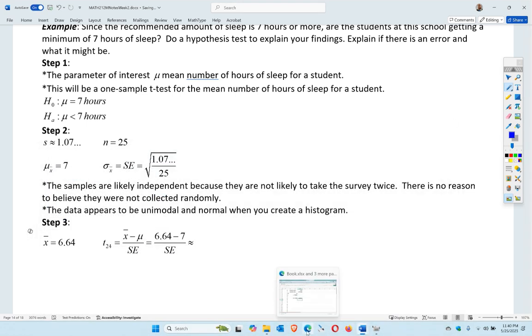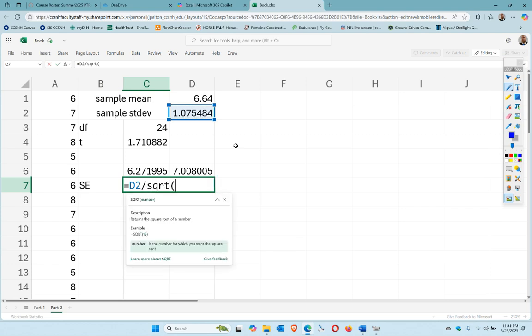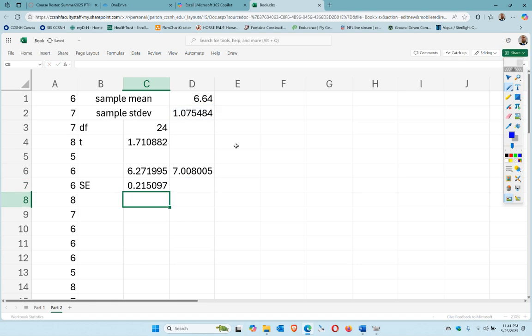Okay. So standard error. Let's get that done first, right? So that is the standard deviation of the data divided by the square root of 25, right? So it's the standard deviation accounted for by the sample size.